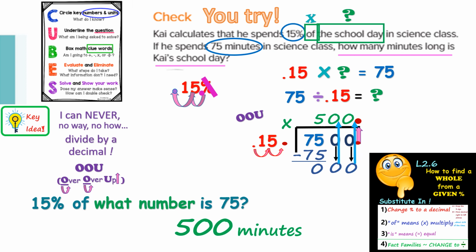Well, only if it tells me to, right? I could change it into hours and minutes by dividing by 60, but I definitely don't want to put hours as my label, because it wouldn't make any sense that a school day is going to be 500 hours. So we want to go back and always check the question and make sure we have the correct label.